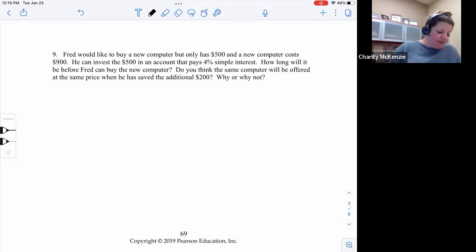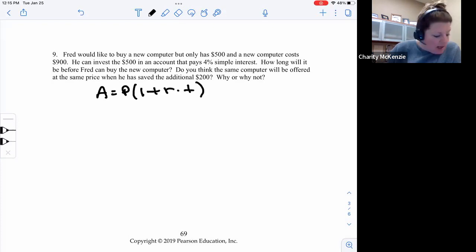Yes or no? Okay, so let's figure out, first of all, how long it's going to take this guy to save up his $200. So we have A equals future value equals P times 1 plus rate times time. We know that the future value is $900, and we have $500 right now.